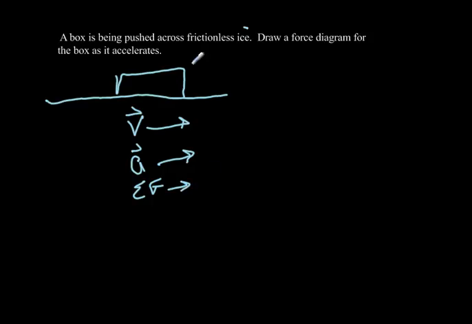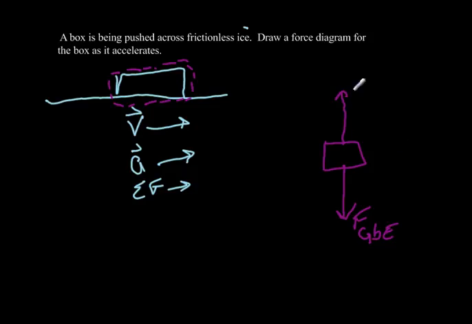So I identify my target here. My target is the book, always starting with gravity. Fg on the book by the earth. And I have an upward force normal on the book by the ice.